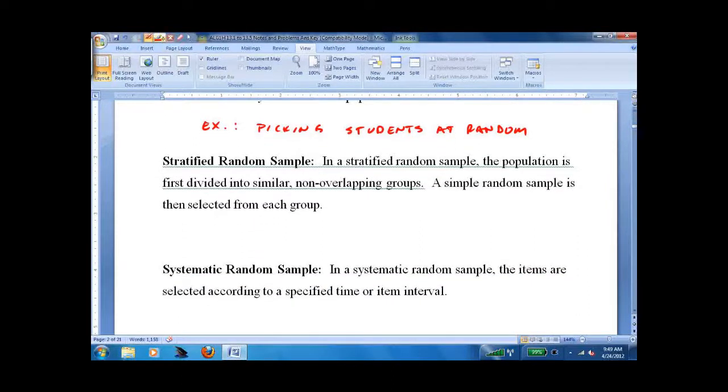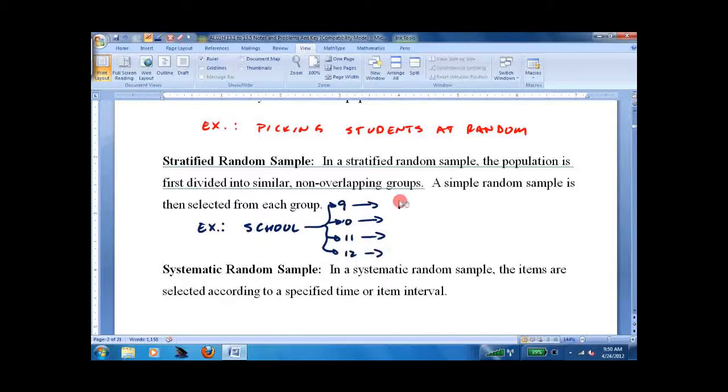A stratified random sample is to say, well, let's take a school. I need a random person from each grade. So you break it into grades. You would have the 9th, 10th grade, 11th grade, 12th grade.